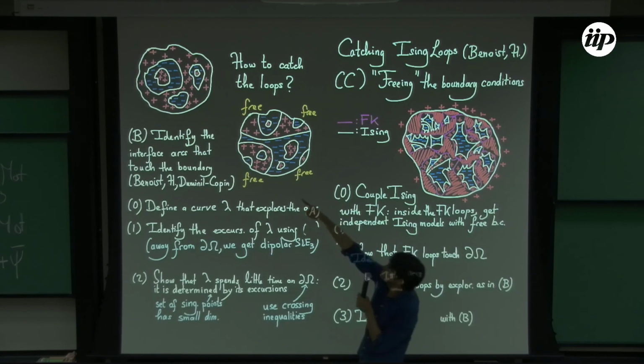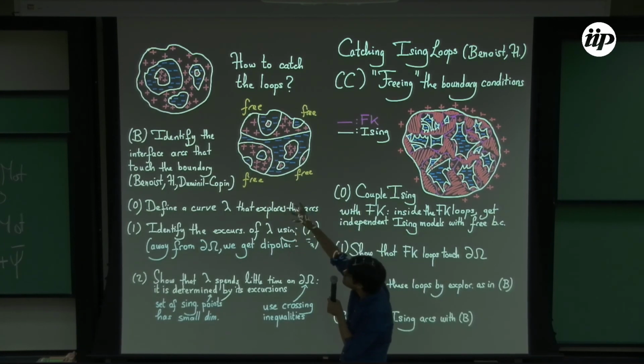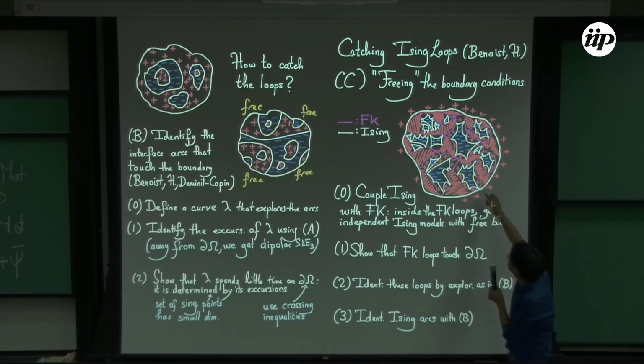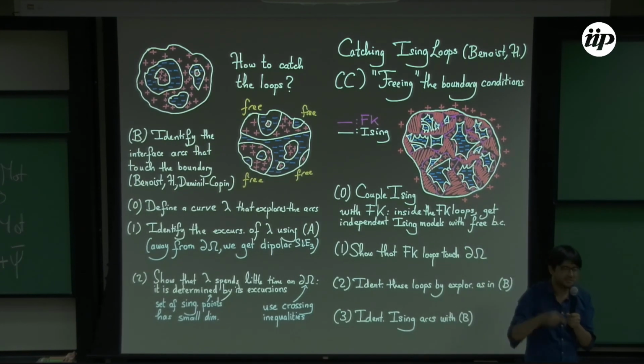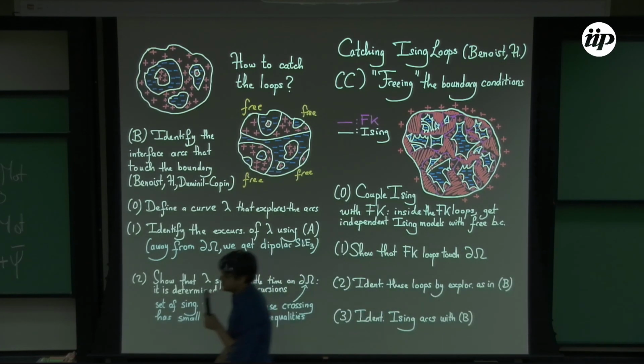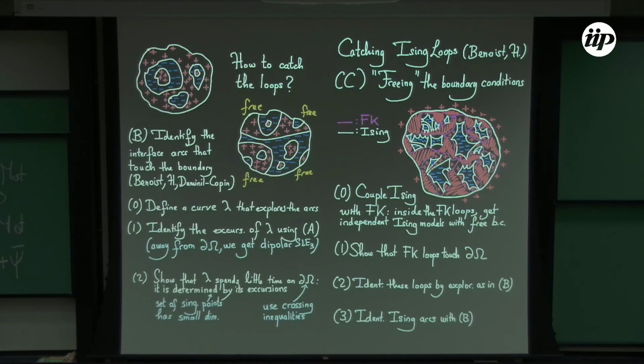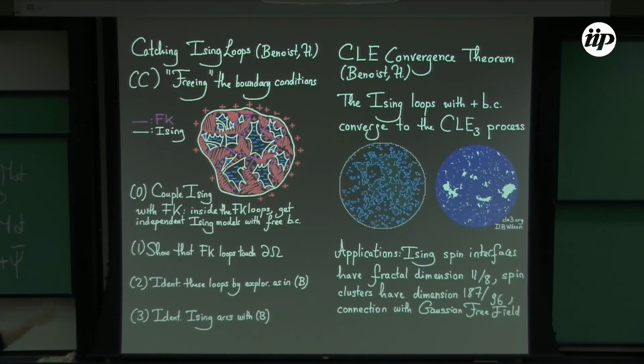Here, you don't see loops that touch the boundary, but they are there implicitly. They are the FK loops, so they touch the boundary, and your Ising loops touch the FK loops themselves. So in 2 steps, you're able to go in and fish the loops. So that's how we were able to get the convergence of all the Ising loops to CLE3.